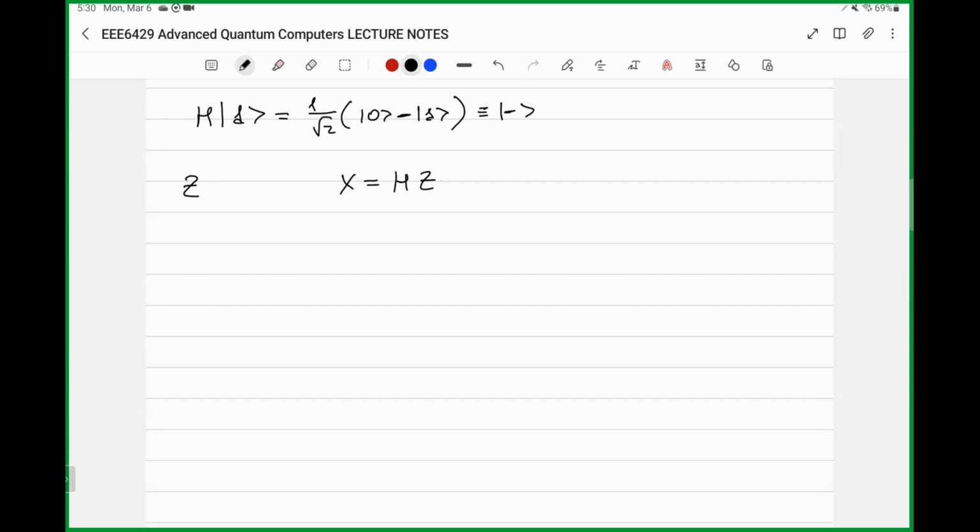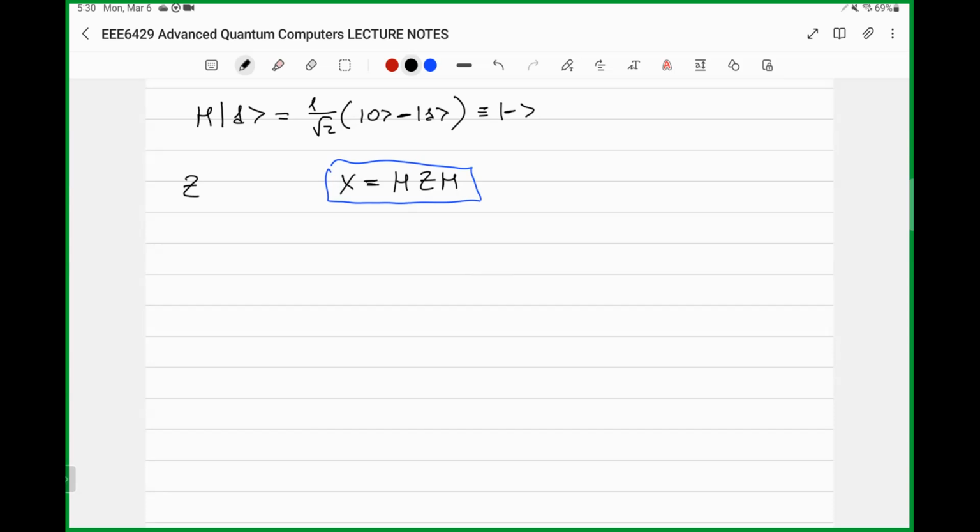So you basically take the gate Z, apply Hadamard gate from both sides, and what you get is the gate X. So using Hadamard gate, you can actually change the basis and change the gates. We've done this analytically last time.